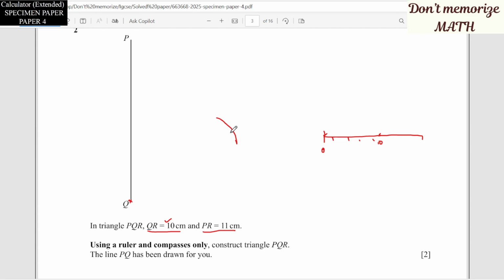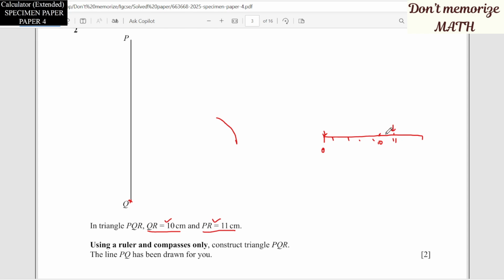Okay, wherever you are getting that arc, don't change the compass. So keep the needle in Q and draw 10 centimeter. Just draw an arc. Then next we need PR is 11 centimeter. So in the same way in the compass, keep the needle side at 0 and till 11 you can stretch the compass and pencil must be at 11.